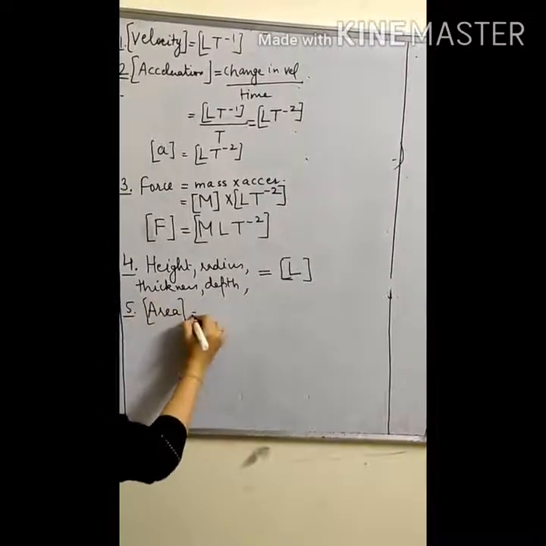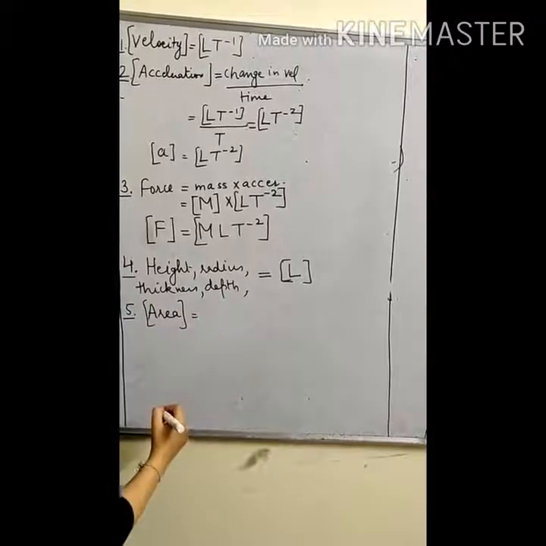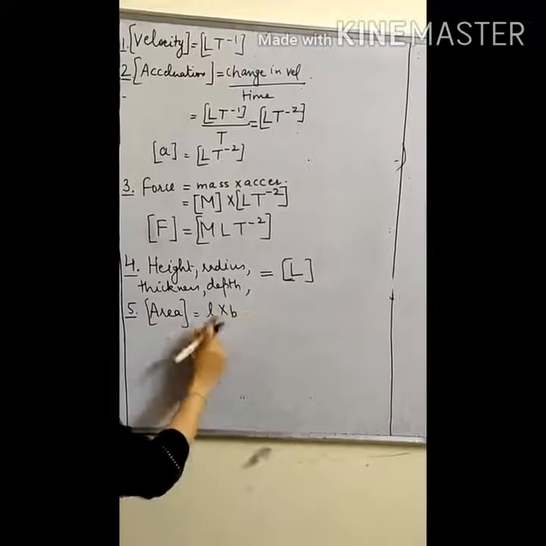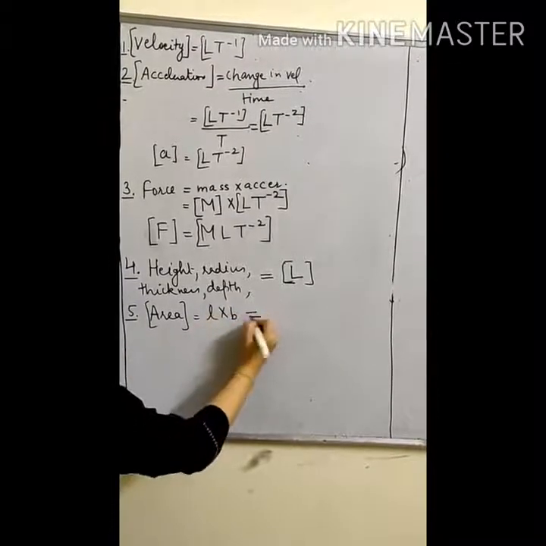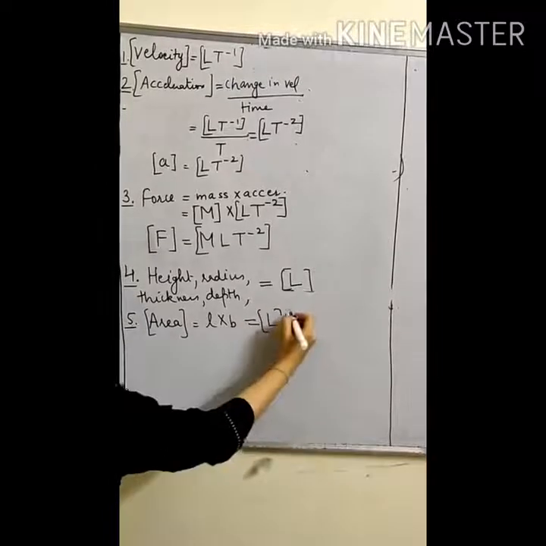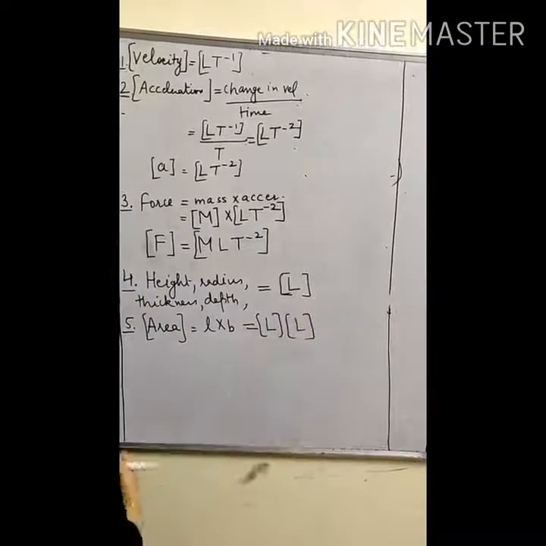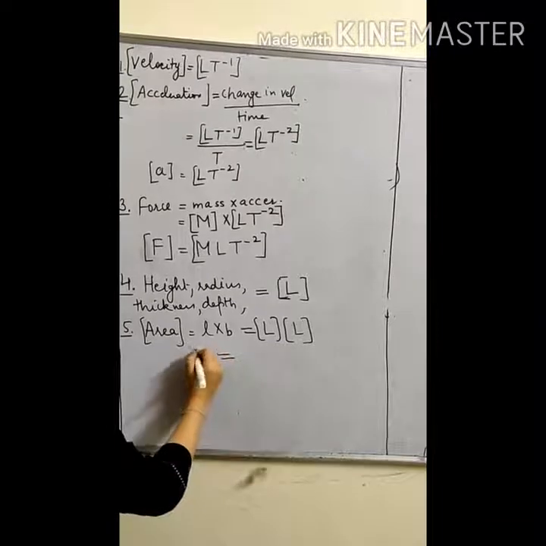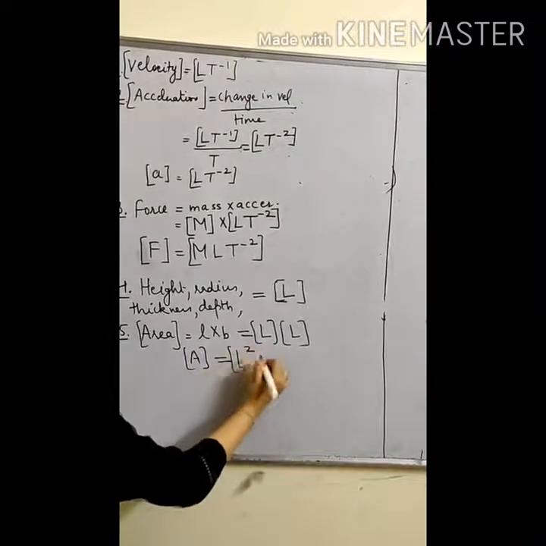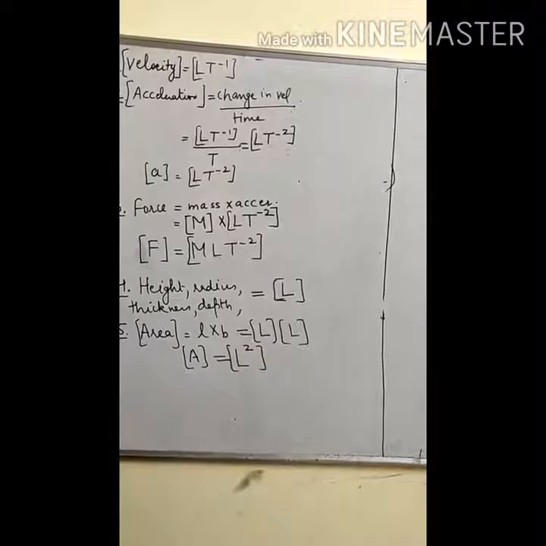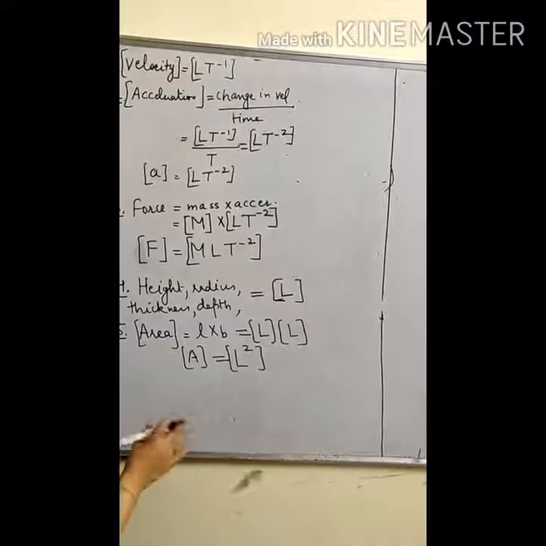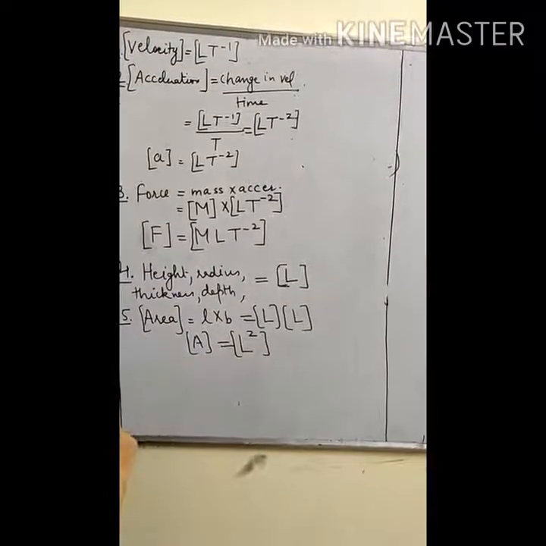For area you can write down any formula that you know. Suppose the formula is length into breadth, the area of a rectangle. The dimension for length is L, the dimension for breadth is also L because it is measured with the help of a scale, a ruler. Then the dimension for area will be L square. So area has the dimensional formula L^2. The dimension in length is 2.